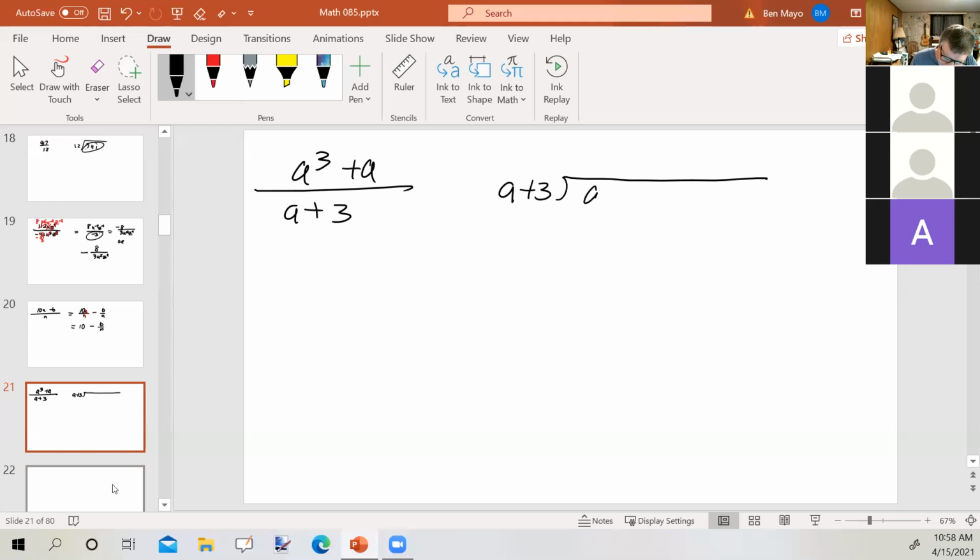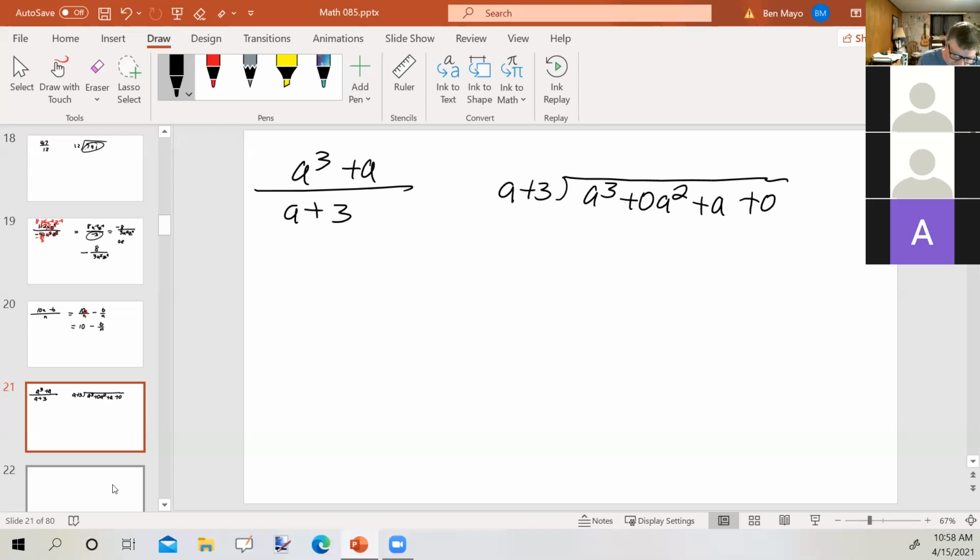On the inside, I've got a cubed plus 0a squared plus a plus 0, because I'm missing my a squared term and my constant term. Okay with that? See where I put in 2 missing powers there?